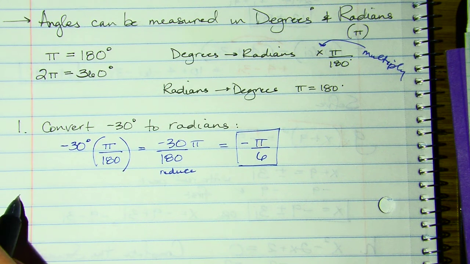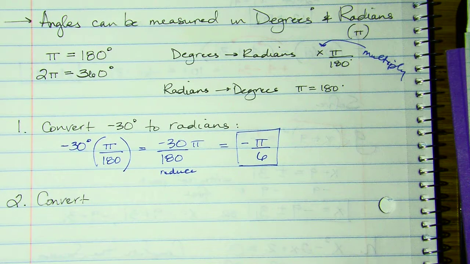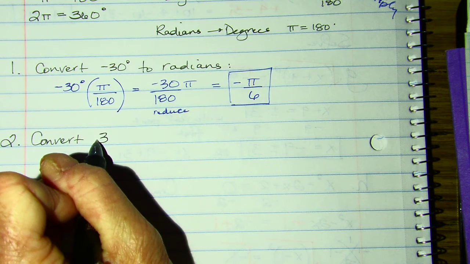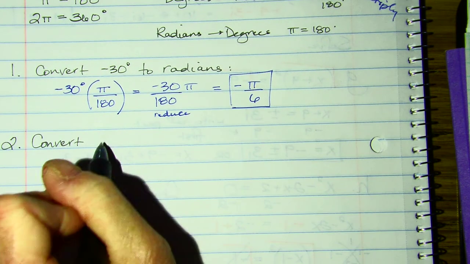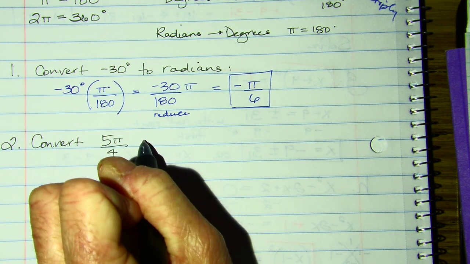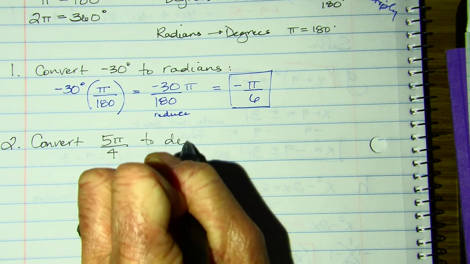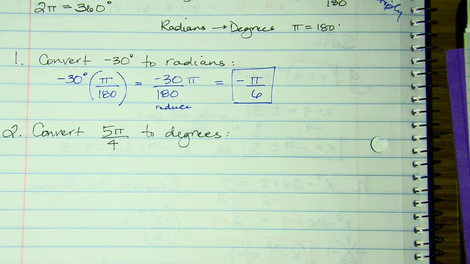So let's practice the opposite. Convert 5 pi over 4 to degrees. I know this is in radians because I have the pi.